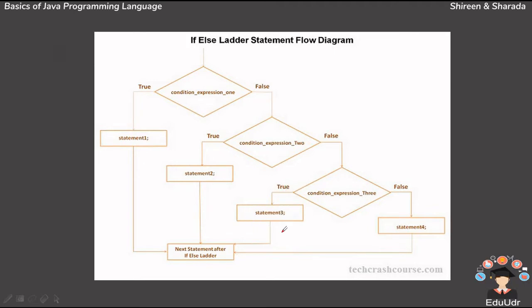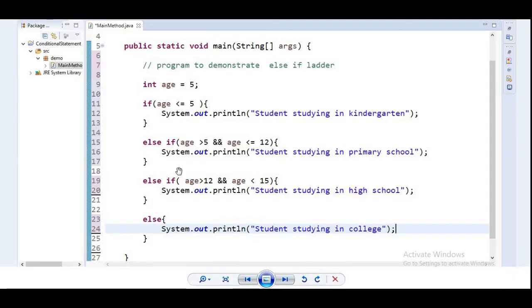If that is true, then the if block consisting of statement 3 gets executed. And if the condition is false, then the else block consisting of statement 4 gets executed. Irrespective of the condition being true or false, the statement after the if-else ladder gets executed anyway. Now let us learn in more detail about this with an example.